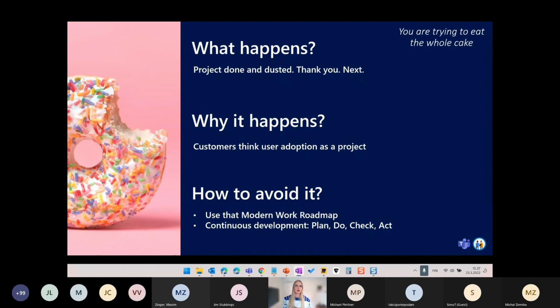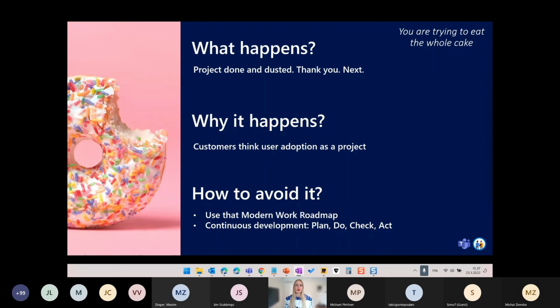And at least when the consultant leaves the customer company, because they always do, consultants never are within the customer for 10 years. I think maybe sometimes they should be. At least then the user adoption will stop.